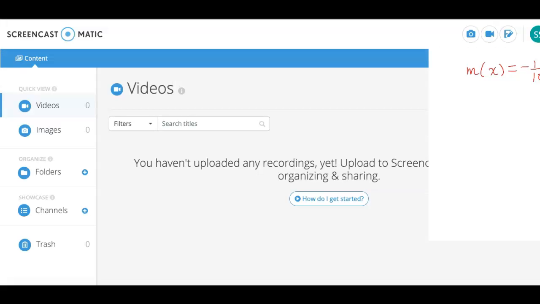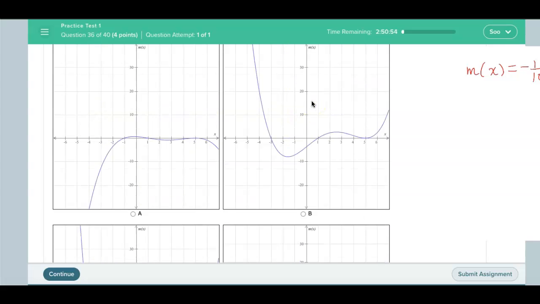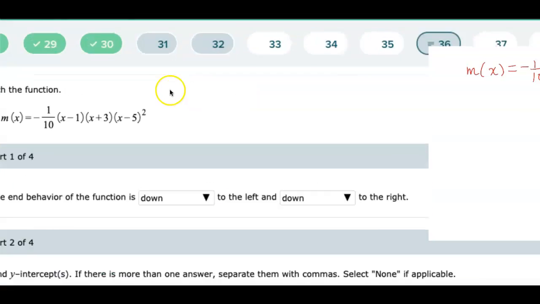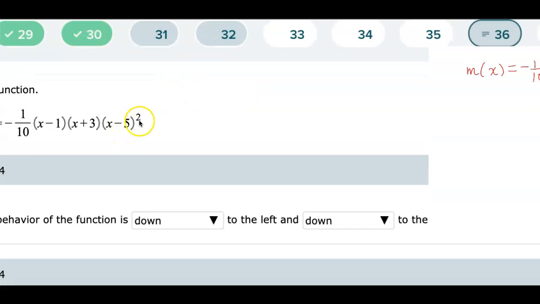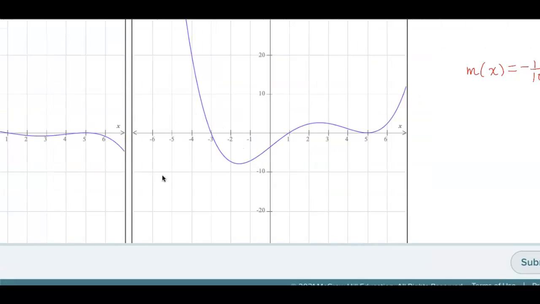But one more thing that I want to talk about is that if you remember the multiplicity, going up to 5. The multiplicity of 0, 5 is 2, which means at 5 the graph will bounce, and at 1 and negative 3, with odd multiplicity of just 1, the graph will just cross. So let's see if that's happening at our graph D that I picked.